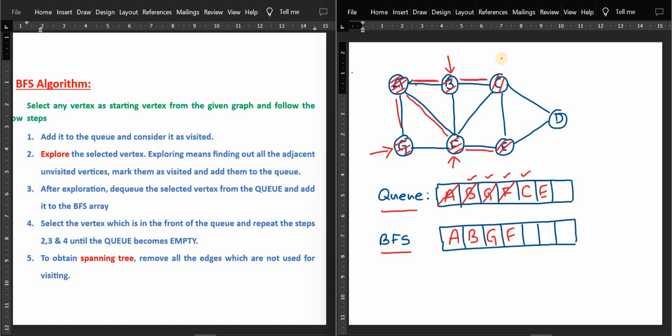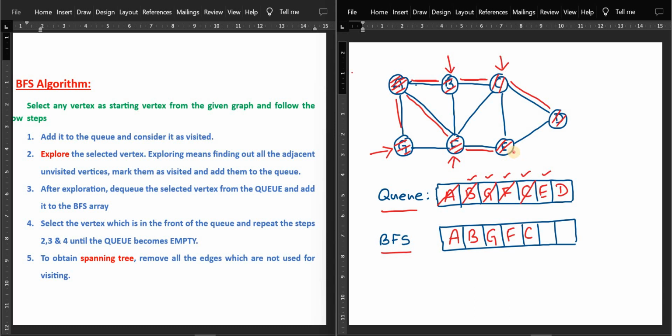Now consider C. Now this is C. So find out the unvisited adjacent vertices, that is D. So you just indicate that you have reached the D from C and mark it visited, add it to the queue, right? Now exploration of C is completed, so remove it from the queue and add it to the BFS.